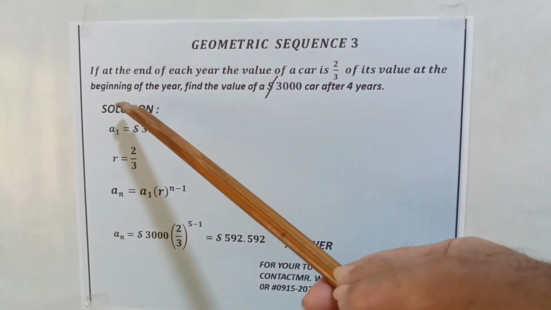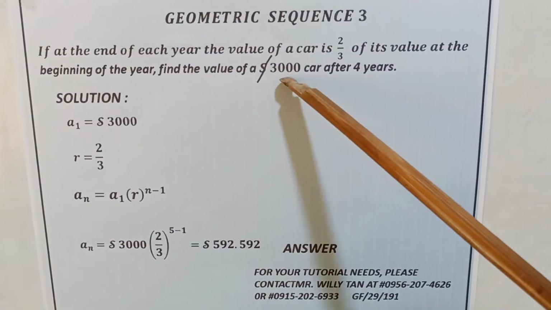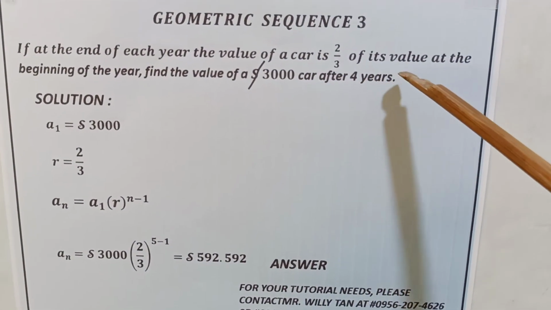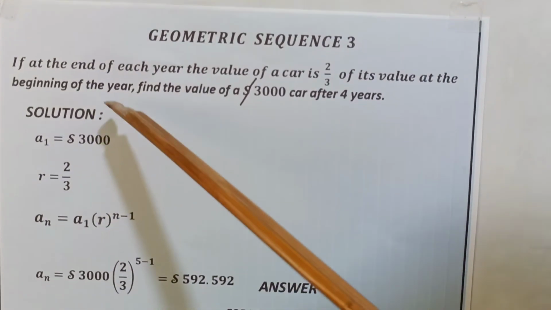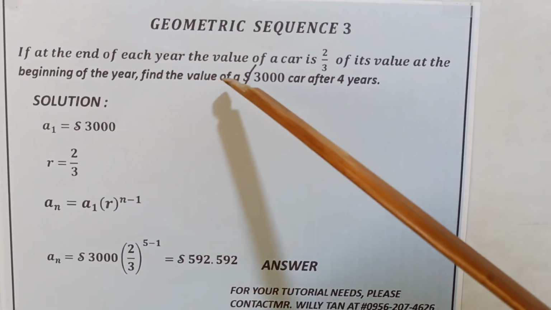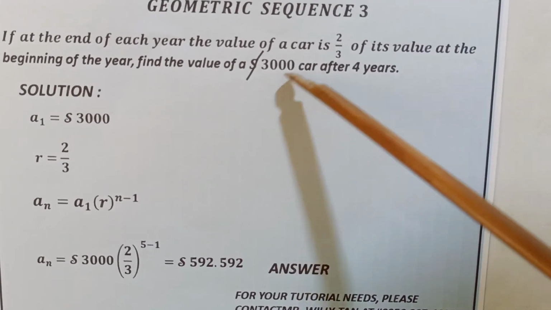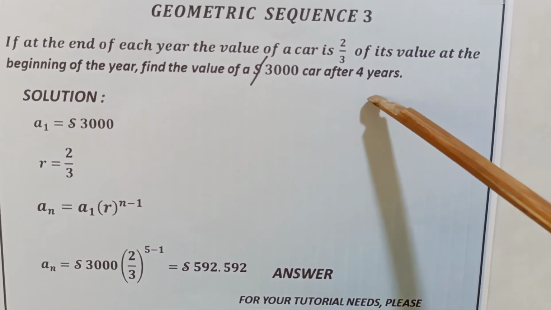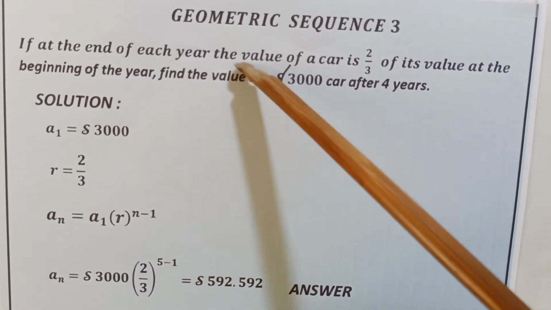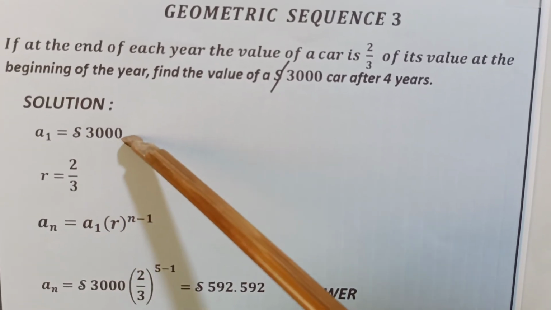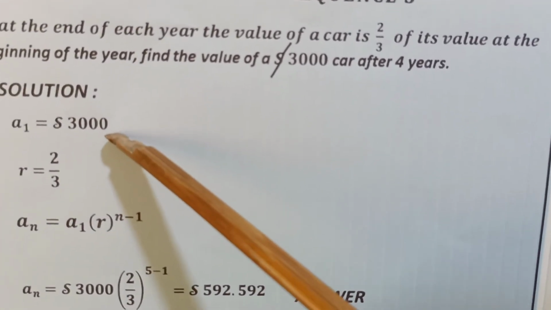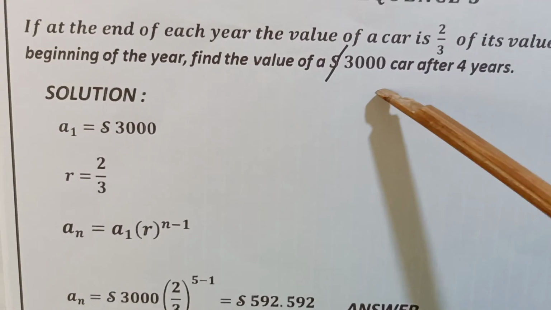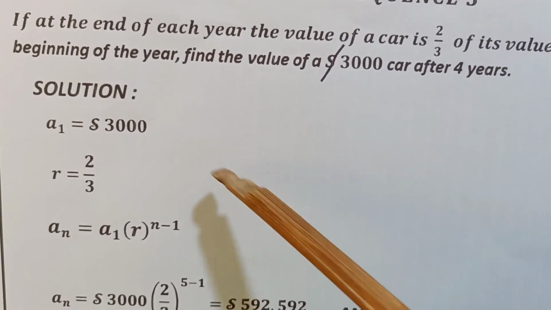So we go to the last problem. If at the end of each year, the value of a car is 2/3 of its value at the beginning of the year, find the value of a $3,000 car after 4 years. So a sub 1 is equal to $3,000. The r is 2/3, given here.